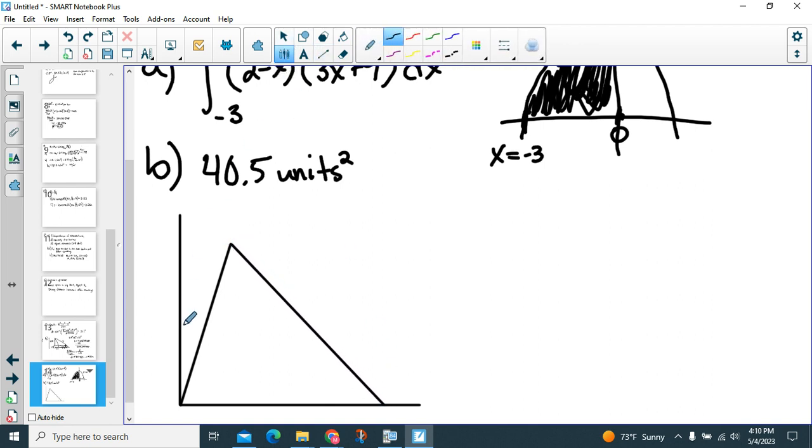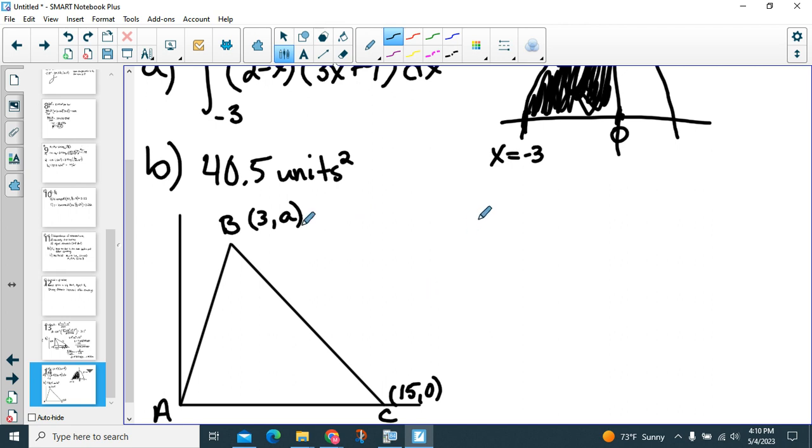They call this A, B, and C. Of course we know this is 0, 0, this is 15, 0, and this is 3, comma a.